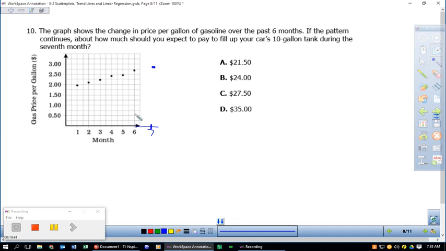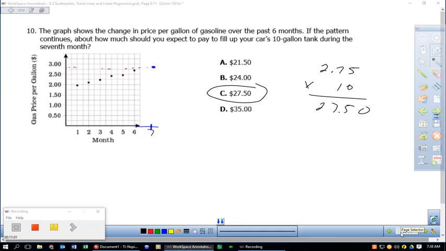So this is the price per gallon. So at 7, looks like it is, if we did this right, $2.75 maybe. So that's $2.75 a gallon for 10 gallons. That's $27.50. So C it is. And here in a little bit we're going to have something where we actually know for a fact, using that data, not just guessing.